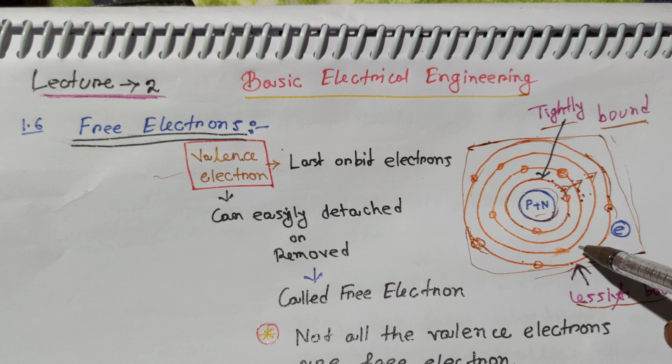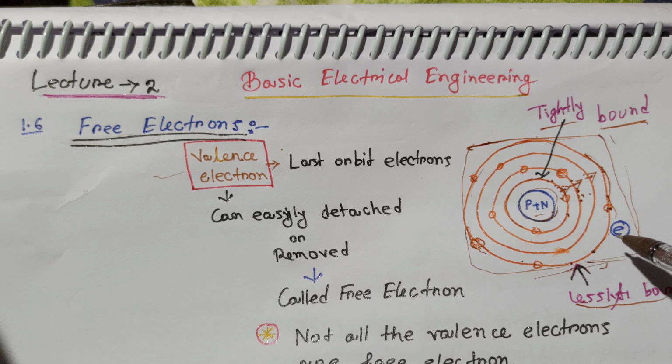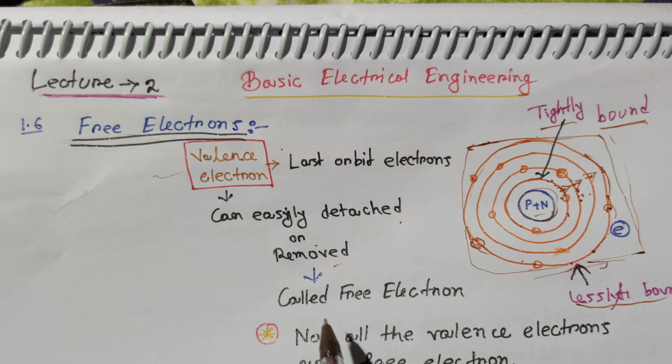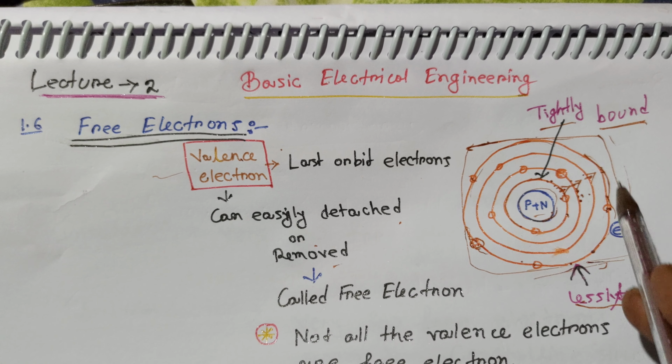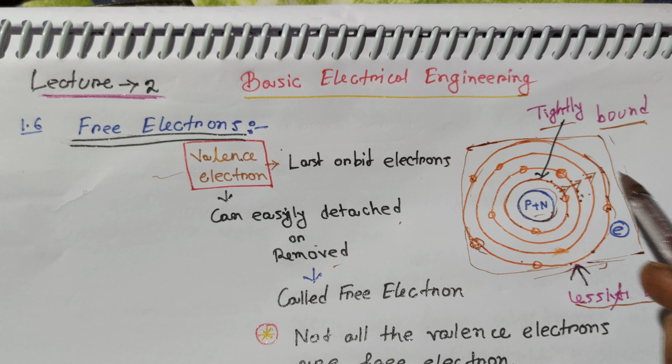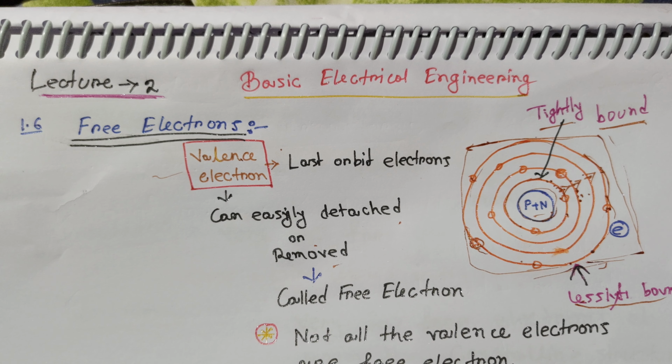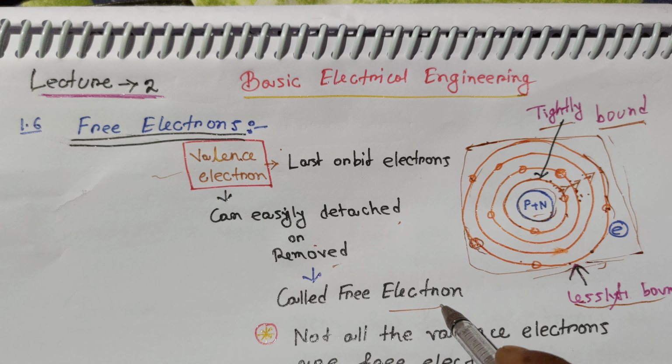That is why the electrons of the outermost orbit can be easily detached or removed. These electrons, which can easily be detached or removed from the atom, are called free electrons.